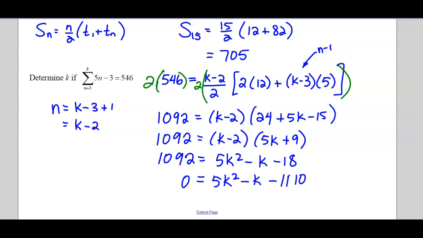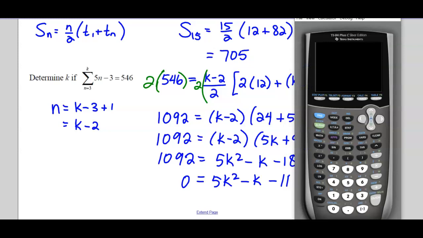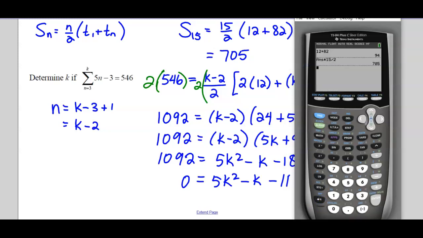Graph. What's your calculus? Well, then you can't. That's the whole polynomials unit that you did last year and this year.